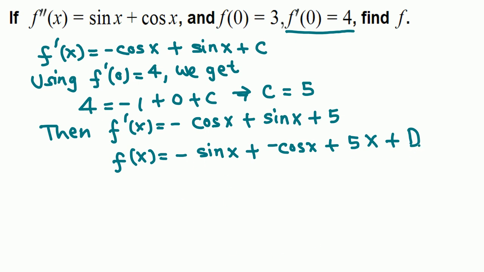Now we need to determine the value of d. For that we use the other initial condition, f at 0 equals 3. When x equals 0, the function value is 3.